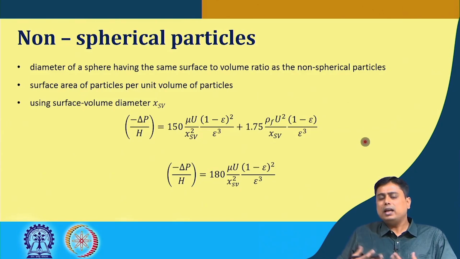So, basically our stress during the development of the Kozeny-Carman equation and in fact in this Ergun equation is on the surface area per unit volume.